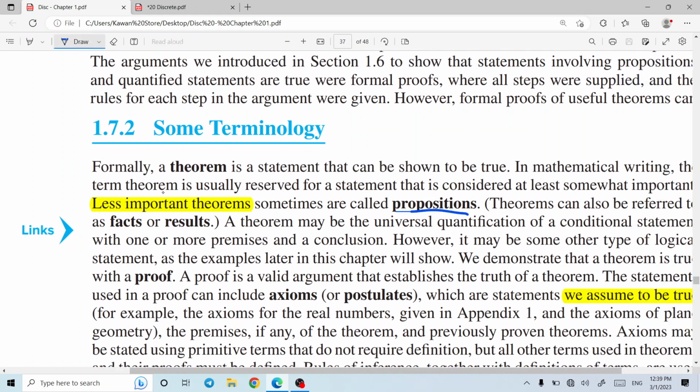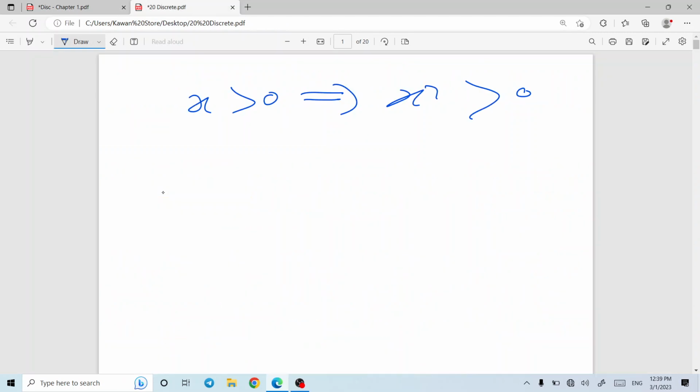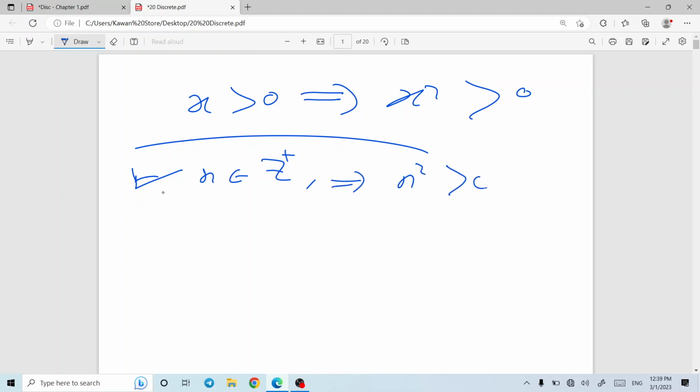When we say less important, for example, I'm going to write here, I say, for each n belongs to Z positive, let me say that, then n squared is greater than 0. So we have a theorem, it's strong, this is true for all x belonging to real numbers, and then something a little less important than the first one is called proposition.